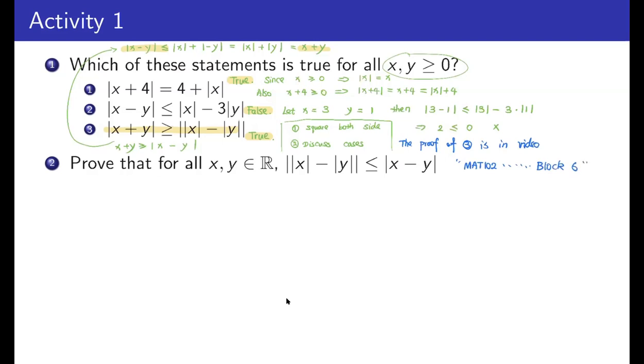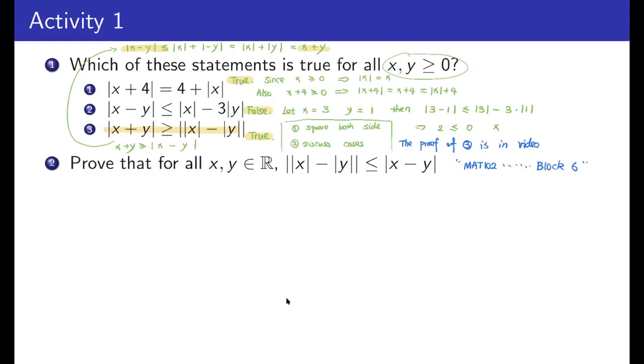You can find the link on my Quercus page as well. So the proof of this, where x and y are all real numbers, is in this video. I proved it using 2 different ways. Are we cool? Okay, let's just move on.